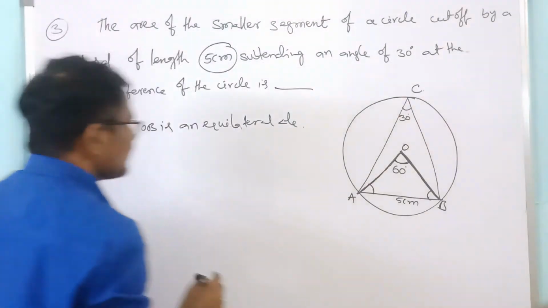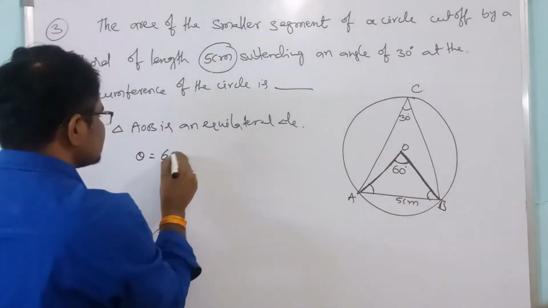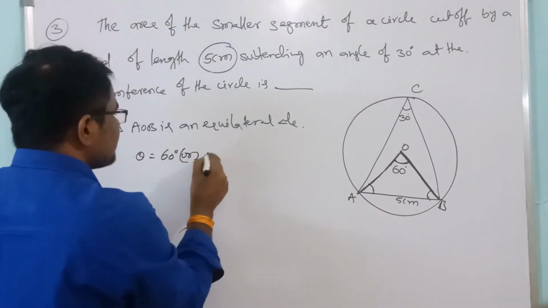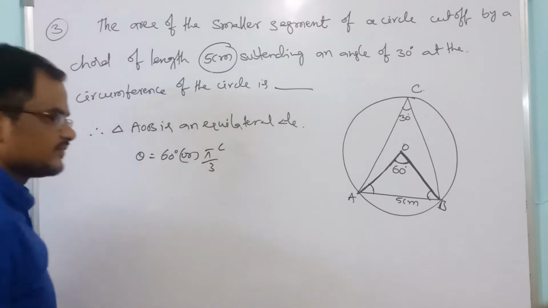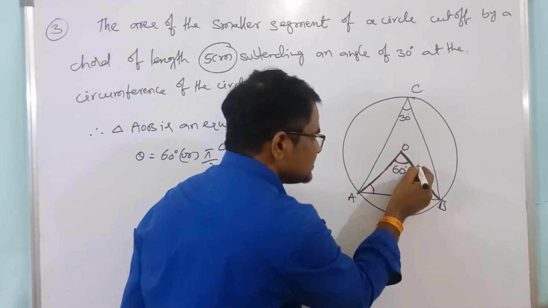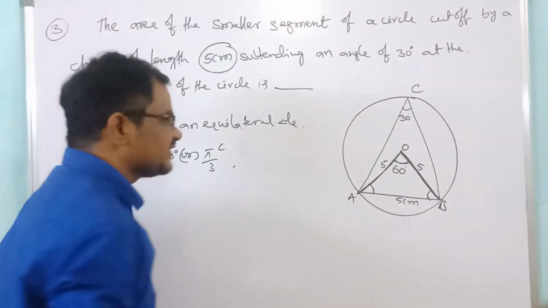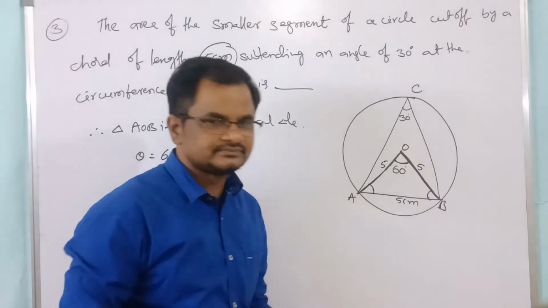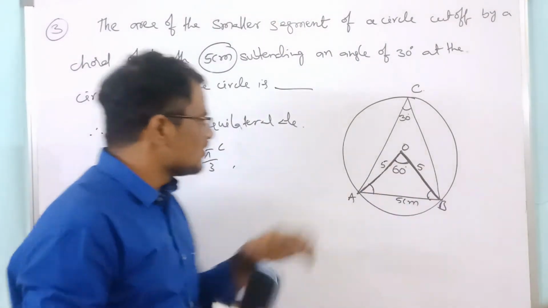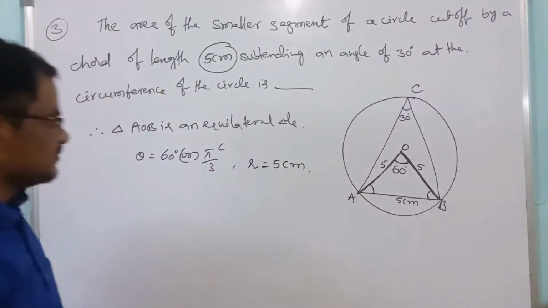Now theta equals 60 degrees or pi by 3 radians. This is an equilateral triangle, so this is also 5, this is also 5. The side of the equilateral triangle is 5 and the radius is also 5, so r equals 5 centimeters.